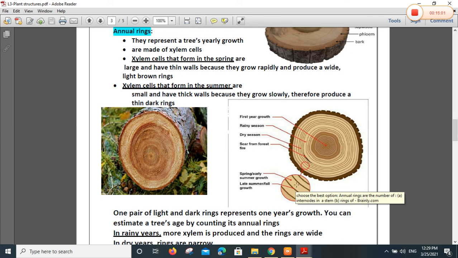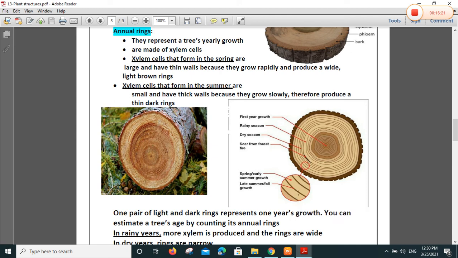Now look at xylem cells that form in summer, not in spring. They are small, like this one, and dark. This dark one formed in summer.